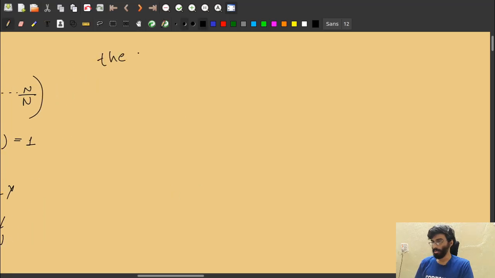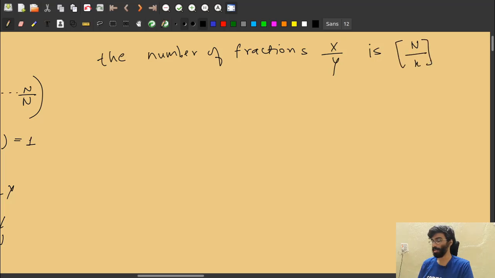So the number of fractions equal to x by y is the floor of n by x, because the fractions are x by y, 2 times x by 2 times y, 3 times x by 3 times y.